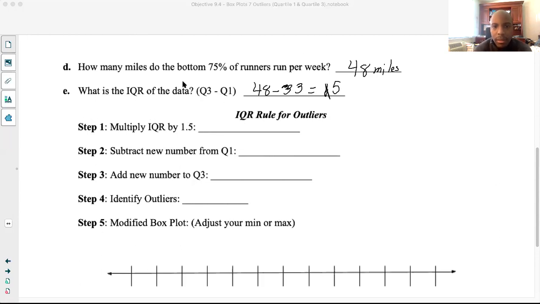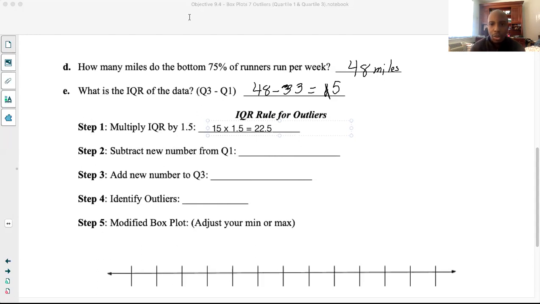We're going to do 15 and multiply that by 1.5. What do we get when we multiply that by 1.5? We get 22.5. So the number we're going to need to use is this 22.5. This is our new number.